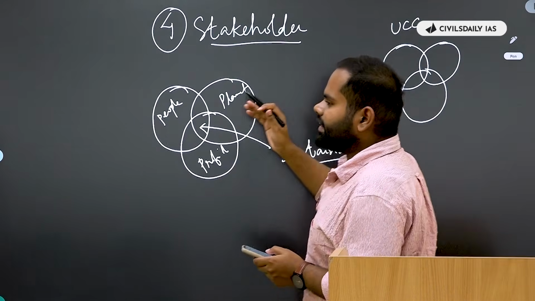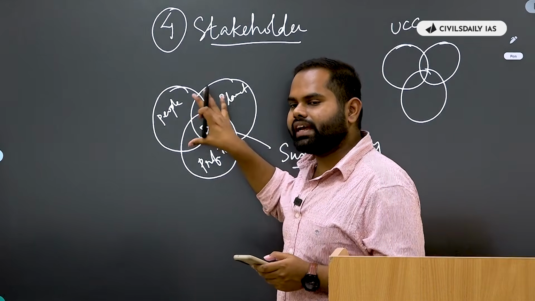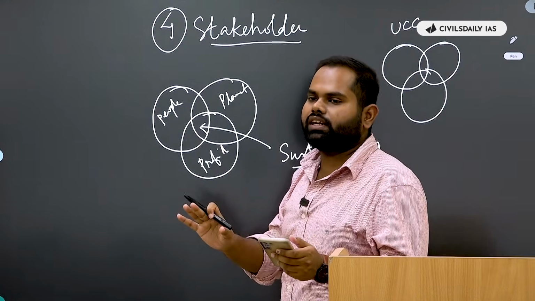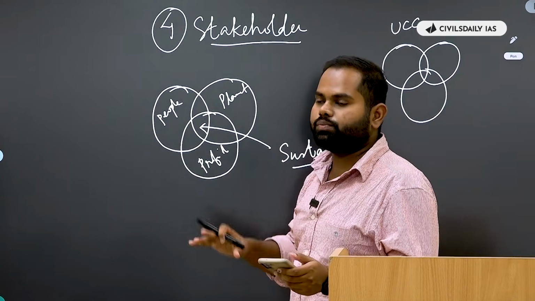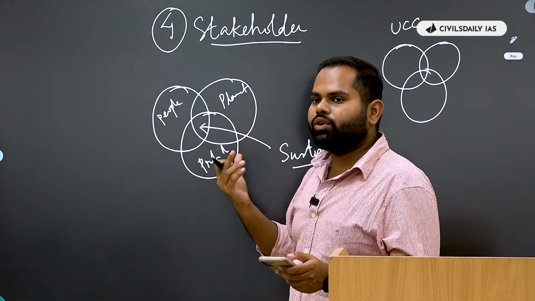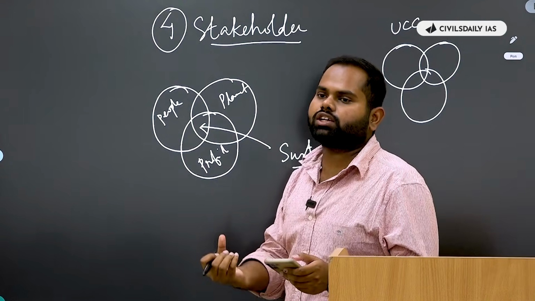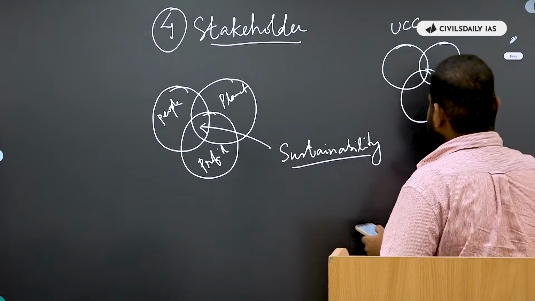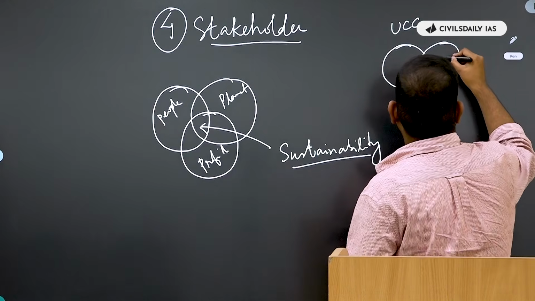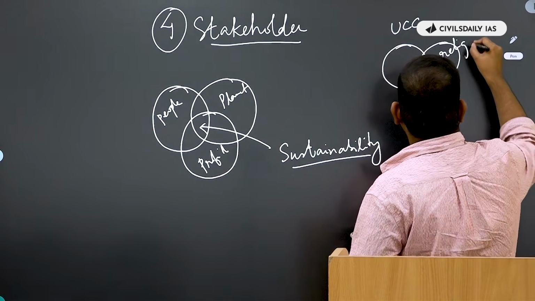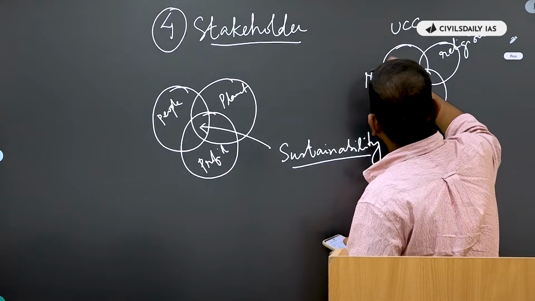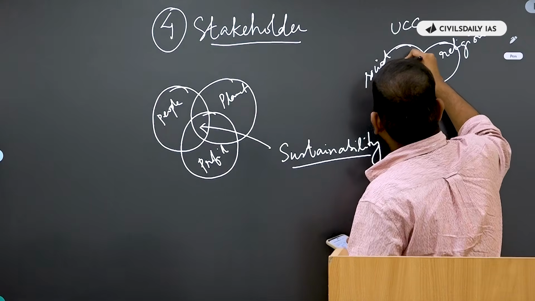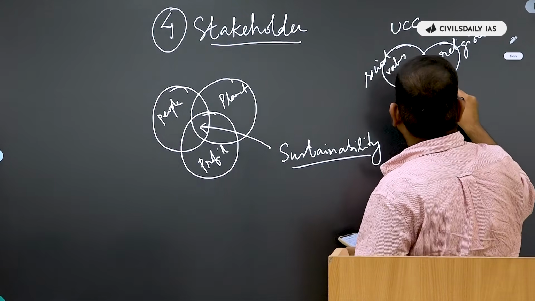But what happens is that we think this diagram is only for sustainability or corporate governance. You'll have to re-engineer your mind, extract the construct only and mold it to whatever the question is. So for UCC, we have the stakeholders being religion, the social values and the constitutional ideas.